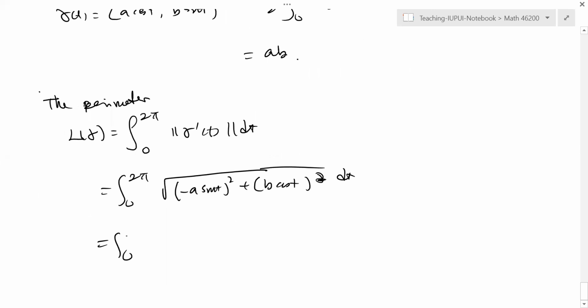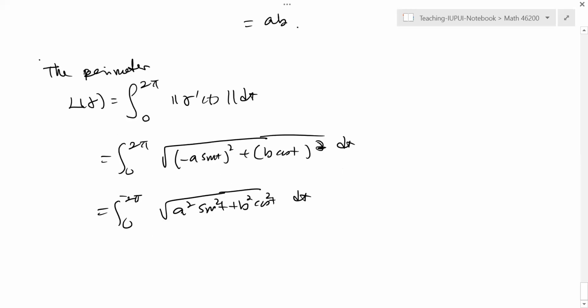Unfortunately, this cannot be simplified.